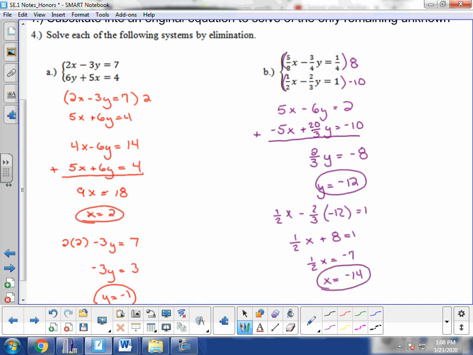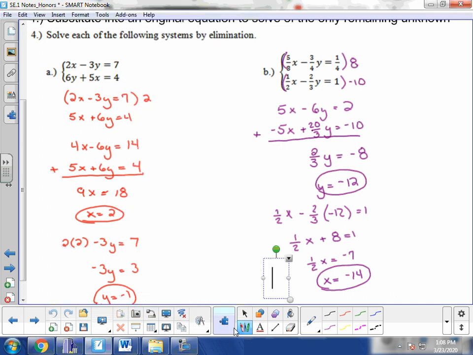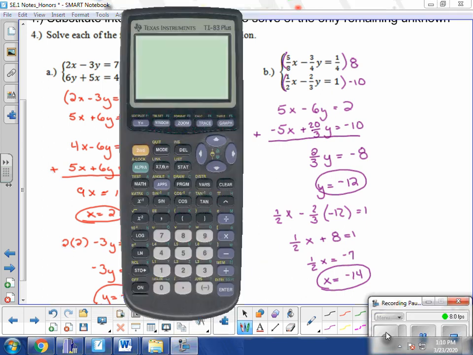Now let's check this and make sure this one actually works out. So 5/8 times -12 minus 3/4 times -14. Shoot, over 2. Let's find this mistake. Ah, I typed it into my calculator incorrectly.